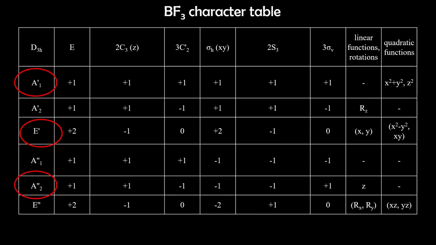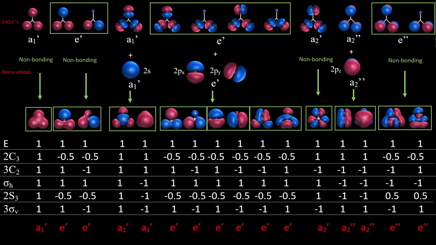In D3h, the main symmetry labels we need are A1 prime, A2 double prime, and E prime. Now, going back to our molecular orbital diagram, the 3 fluorine orbitals pointing towards the boron form SALCs with the symmetries A1 prime and E prime.